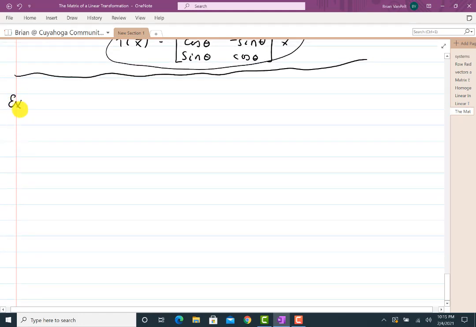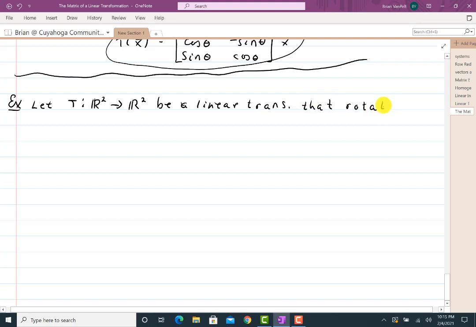To illustrate this last one, I'm going to do a simple numerical example. Let T from R squared into R squared be a linear transformation that rotates points about the origin negative pi over 4 radians.